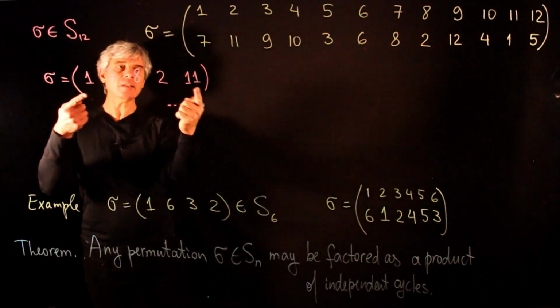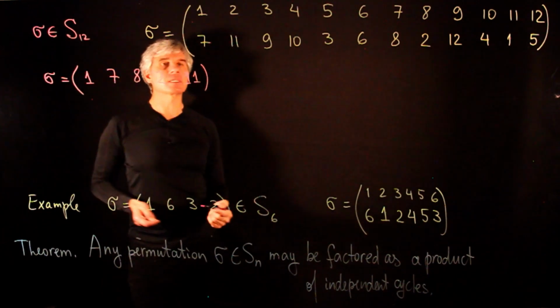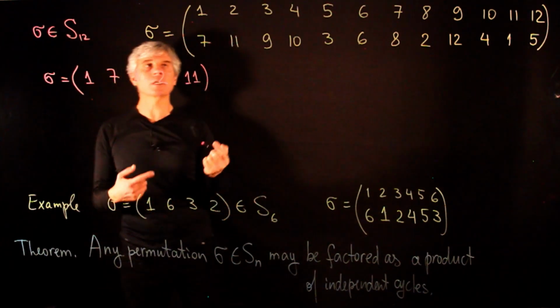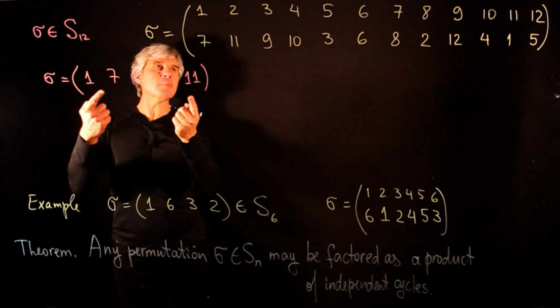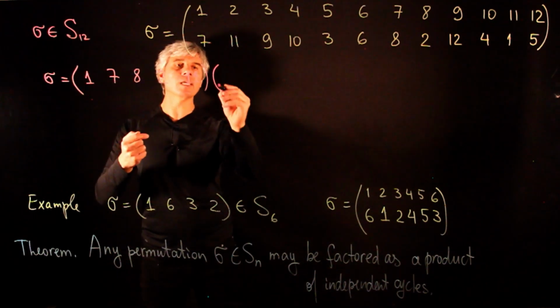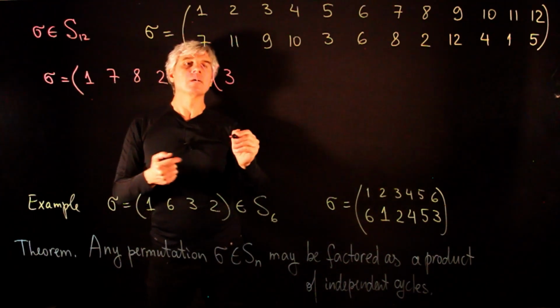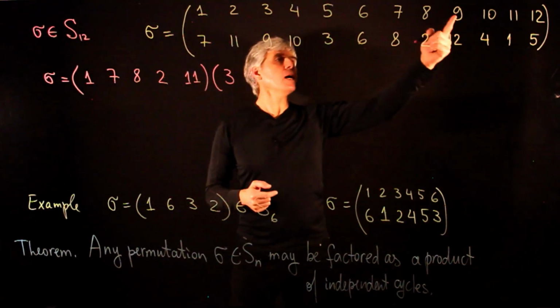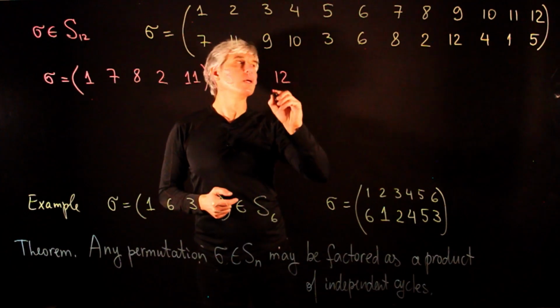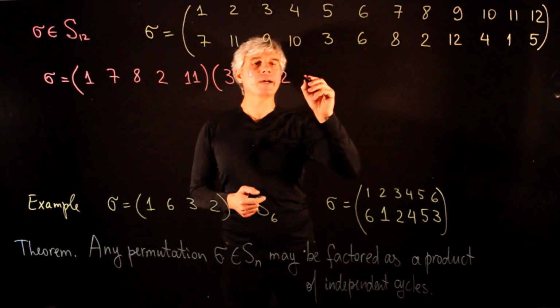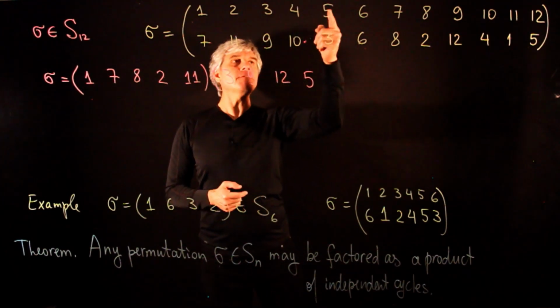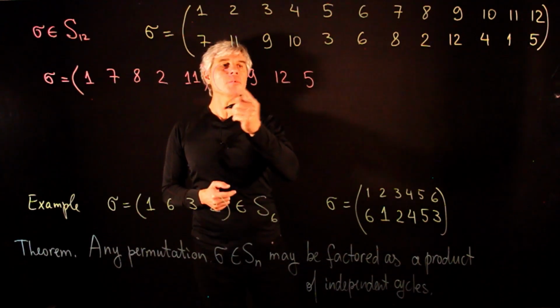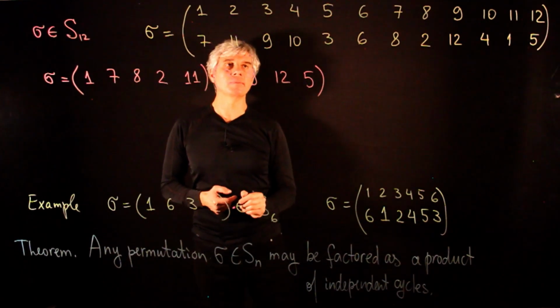But this cycle does not cover all the elements in this permutation. So then we should take something which is not here. So we take element 3. So 3 will go to 9. And 9 will go to 12. And 12 will go to 5. And 5 will go back to 3, thus completing this cycle.